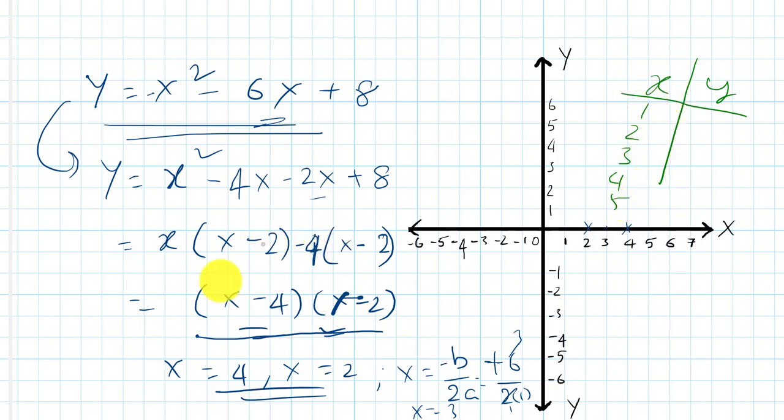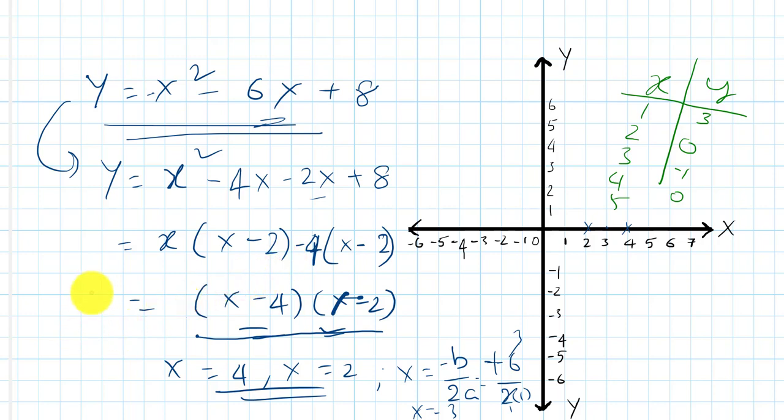If we keep 1 over here, it will be minus 3 and minus 1, and minus times minus will be plus 3. Then if we keep 2 it will become 0, if we keep 3 it will become minus 1, and if we keep 4 it will become 0.